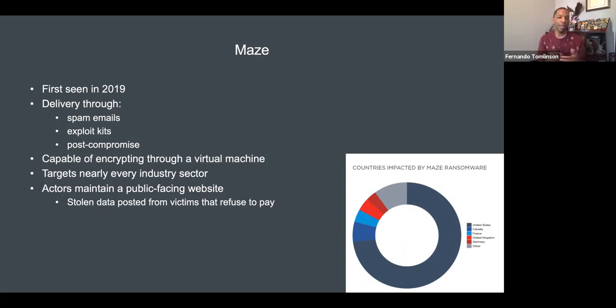These actors maintain a public-facing website, and you're either going to pay the ransom and get the key to get your data back, or they've already stolen the data, and then they're going to release that data for people who don't want to pay. So you're either going to pay, and they may give your data back and not release your data, or you're not going to pay, and then they're essentially going to blackmail and shame you. This is taking ransomware to a whole new level.